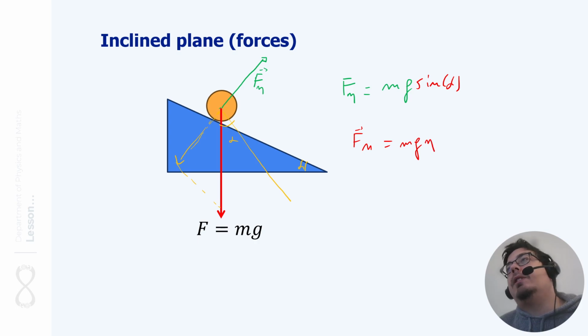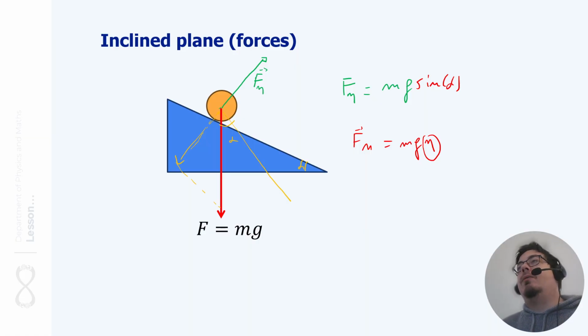where eta is a coefficient that tells us how much friction is there. But we don't care about this because we say that we have an angle for which this friction is not enough to hold the mass in place.